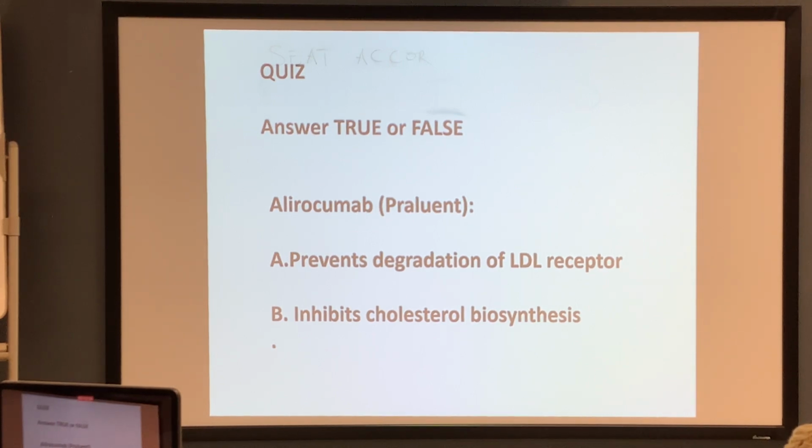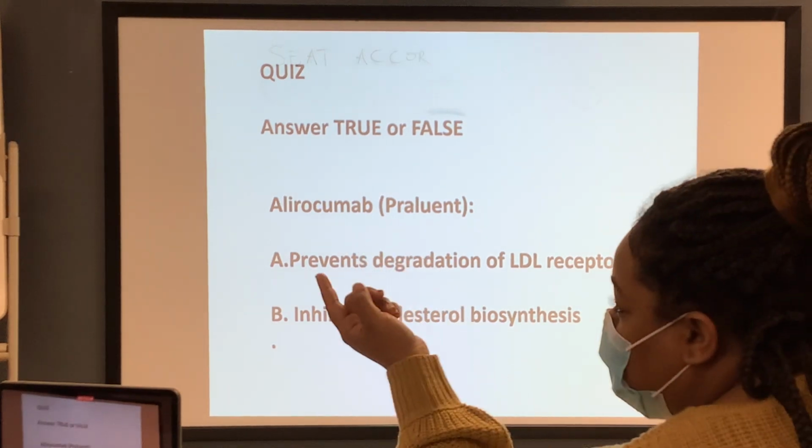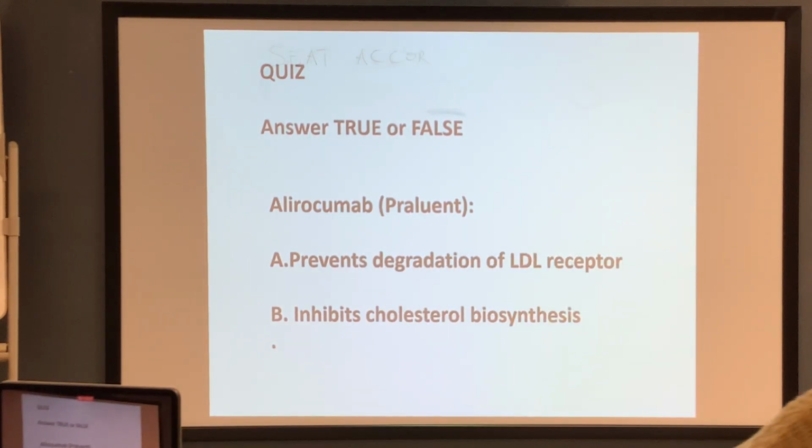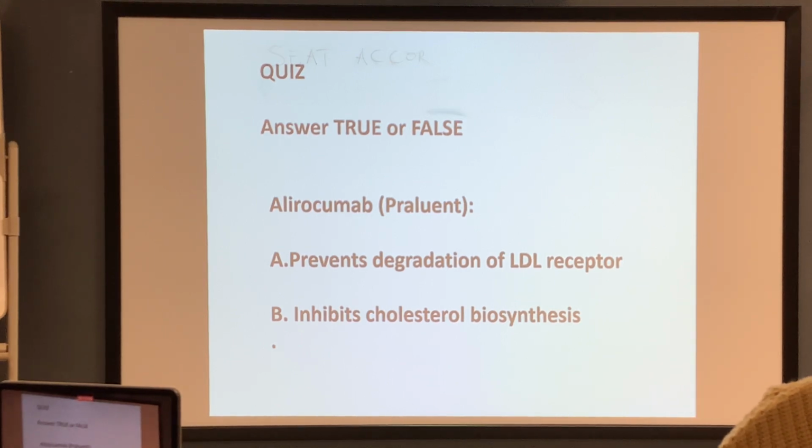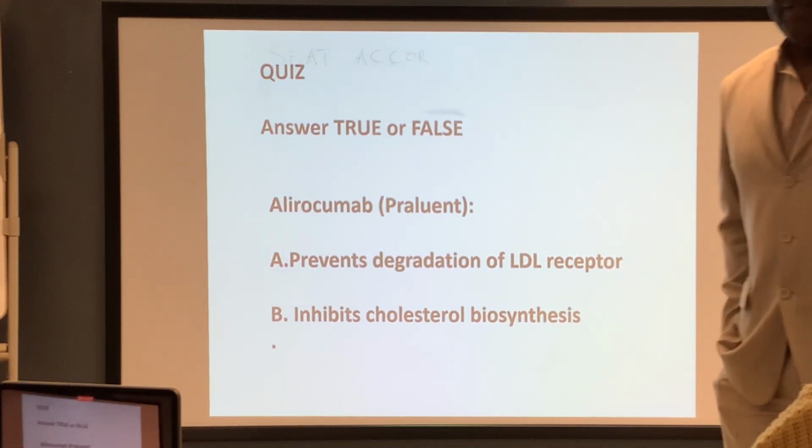The PCSK9 is the enzyme, and the enzyme is what degrades the receptor. So it prevents that one from degrading. It's true. Okay, so are we clear now?